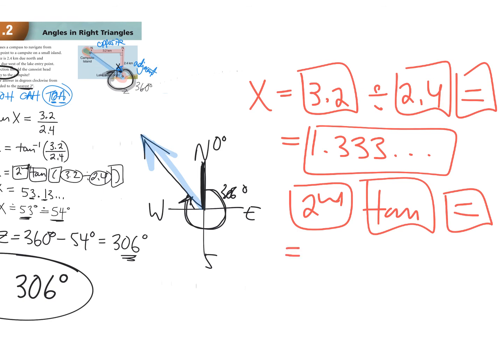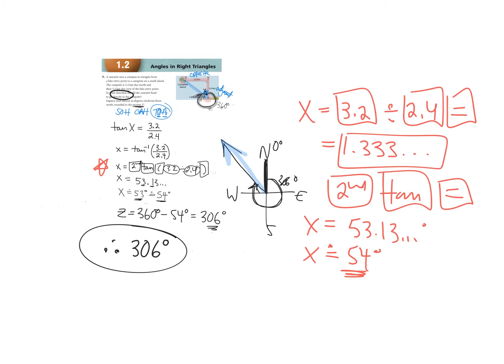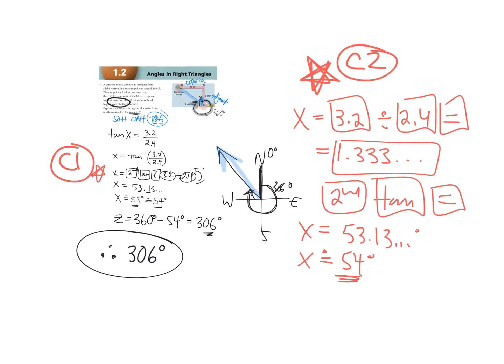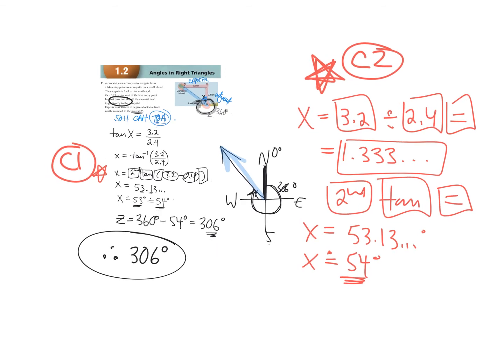And then you would end up with that angle X of 53.13... degrees. And when you round it off to the nearest 2 degrees, it's 54 degrees approximately. So just like we had done originally, except this is a different way to type it in your calculator. If the first calculation, so I'll call this C1, doesn't work, then follow this order of typing into your calculator. So calculator 1 group or calculator 2 group, because depending how your calculator is programmed, it would have to be typed in differently.